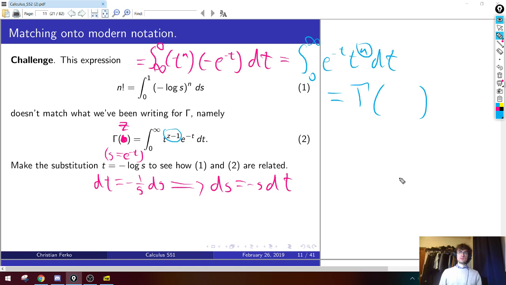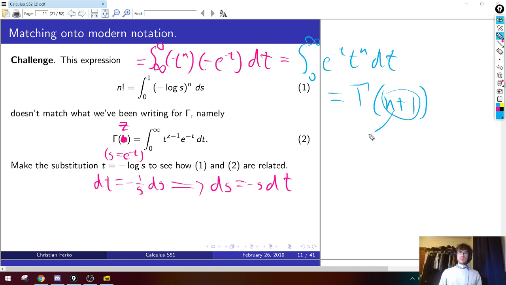Are we seeing n equals z minus 1? Yeah, good, because the integral that we just got has t raised to the power n, but in the definition of the argument of gamma, this is z minus 1. So the two things match only if z minus 1 equals n, or z equals n plus 1, right? n plus 1. Do you see why?